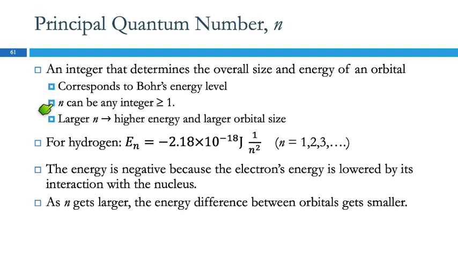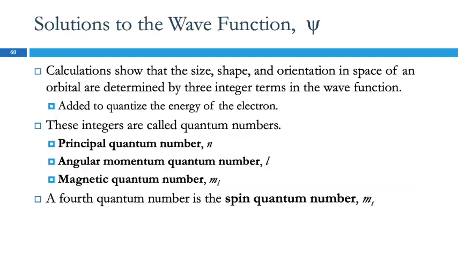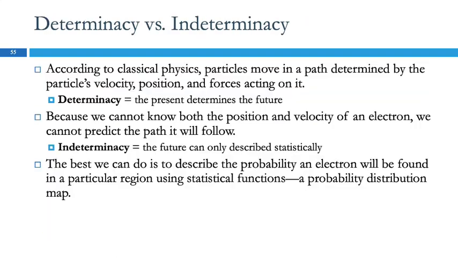So n can be any integer greater than or equal to 1. n could be 1, 2, 3, 4, those sorts of numbers. The larger that n is, the higher the energy of the electron, and the larger the orbital size. So let's jump back here to the Bohr model real quick.